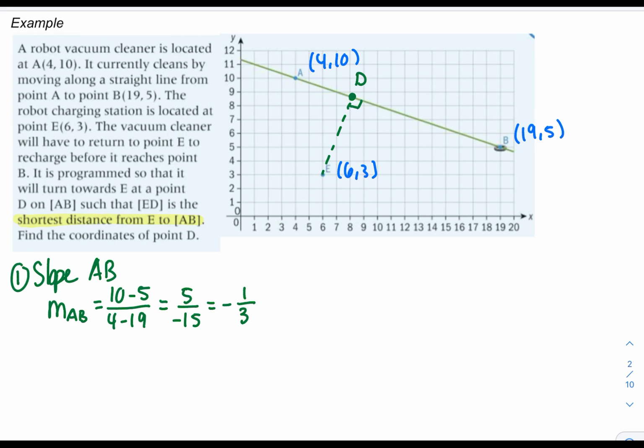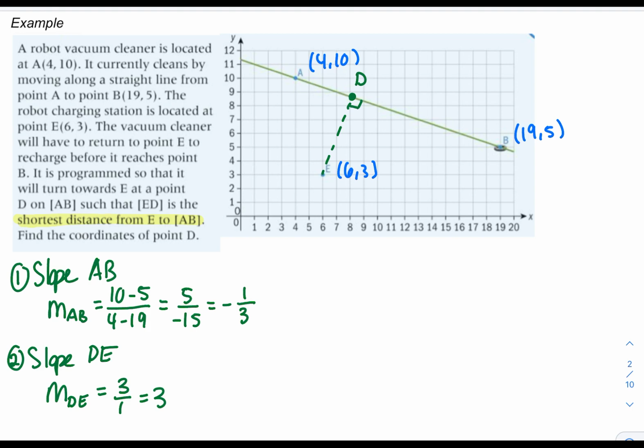Next, if the slope of AB is negative 1 over 3, then I can find the slope of the line DE. The slope of the line DE is going to be the negative reciprocal. So that means if the first one is negative, then mine is going to be positive, and I'm going to have to flip the fraction. So I'm going to have a slope which is 3 over 1, or simply 3.